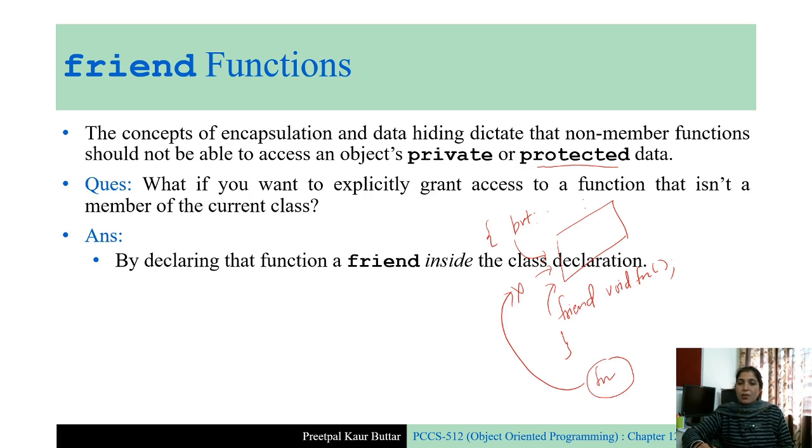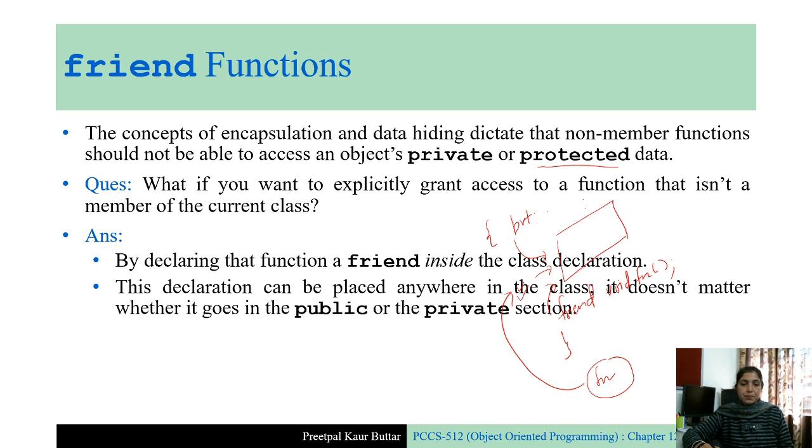Now this function has become a friend of this class and now this function is able to access the private and protected data of this class. The data is no more hidden from this function. And this declaration can be placed anywhere in the class.